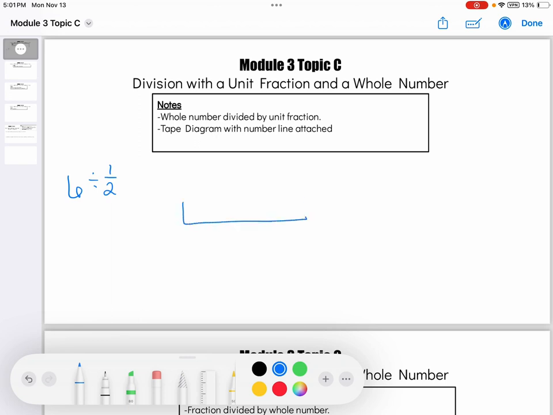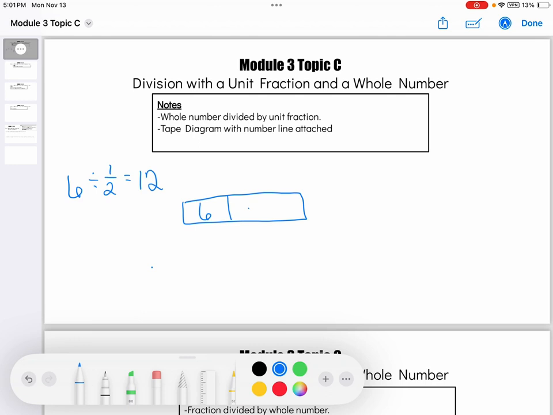So when I go to draw that tape diagram, I know 6 is half of something. Now, I know a lot of kids want to think about going ahead and flipping and saying, well, 6 times 2 is 12. And that is an acceptable way to solve. But we're also trying to show them that division is the inverse of multiplication. Okay?